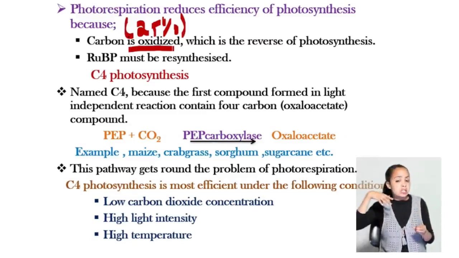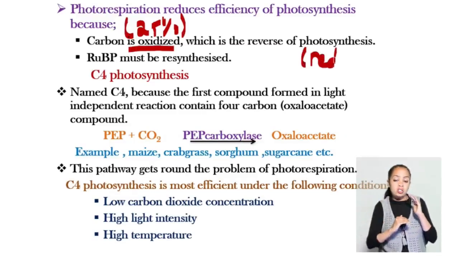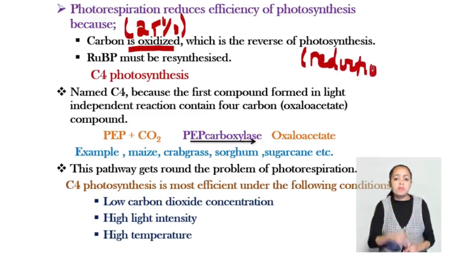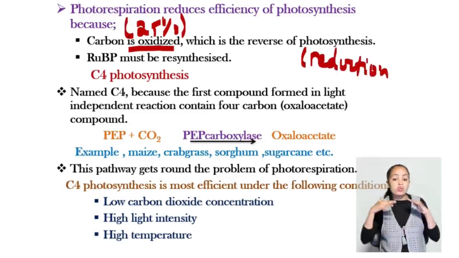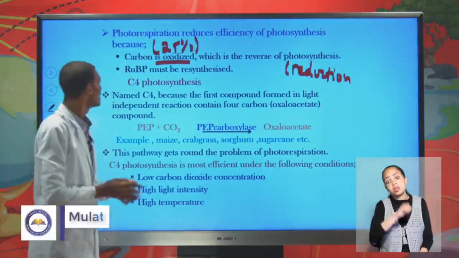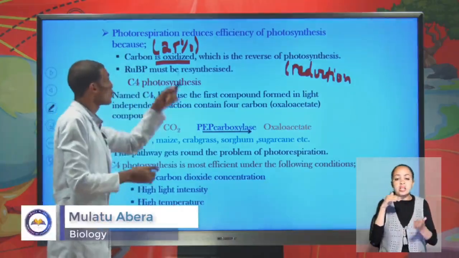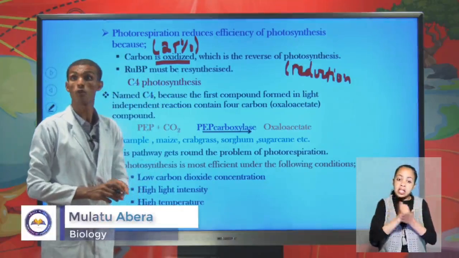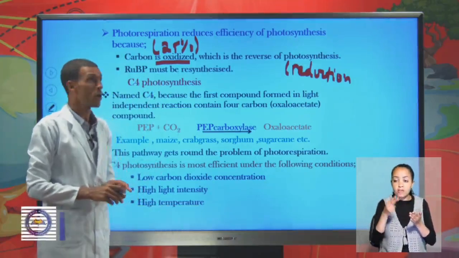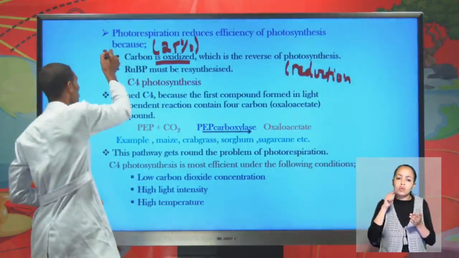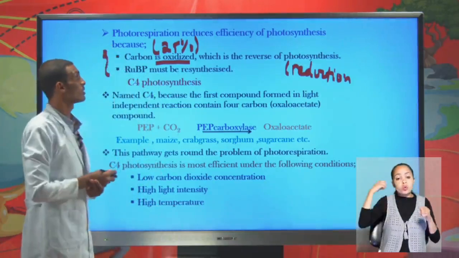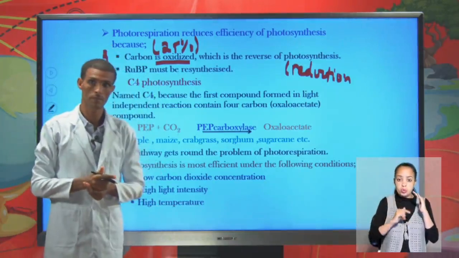Photosynthesis is a reduction reaction. Another reason is that there is resynthesis of ribulose bisphosphate from phosphoglycolate. By these two main reactions, photorespiration reduces the efficiency of photosynthesis.